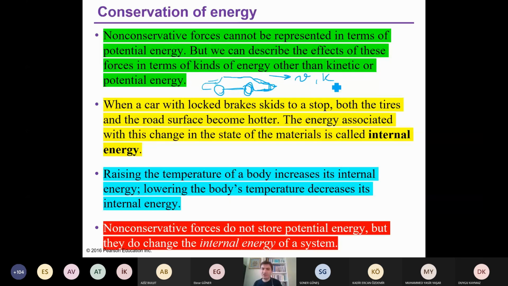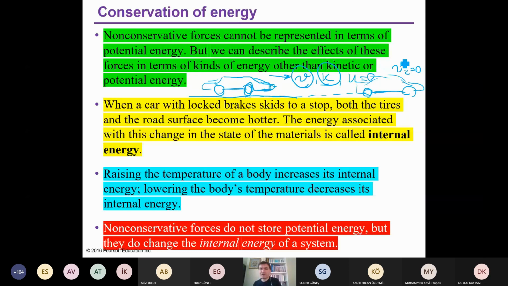So the gravitational potential energy of the car is 0. Due to the velocity, it has a certain kinetic energy. After a certain distance, the car stops. Here, now V2 is 0, the final velocity. So kinetic energy is 0.